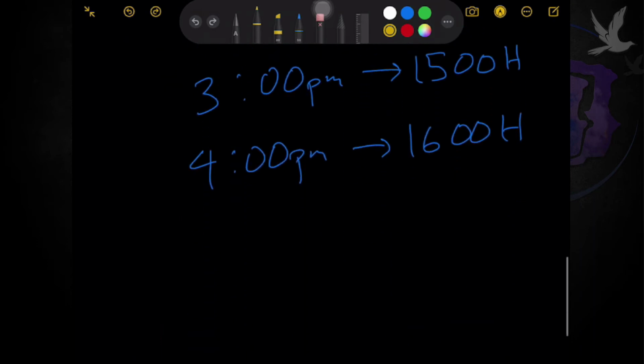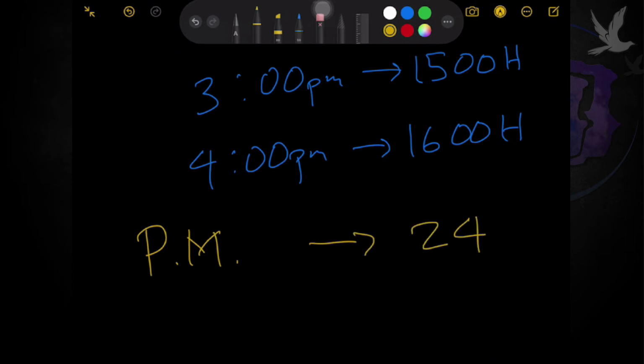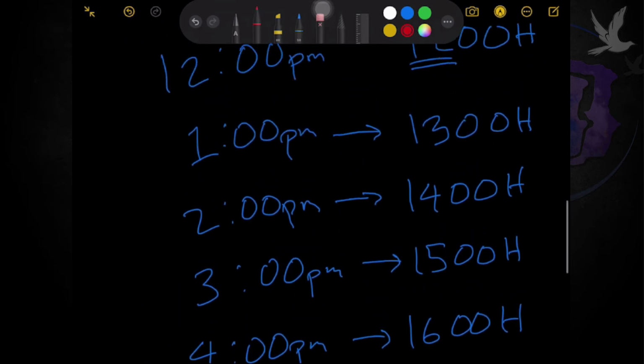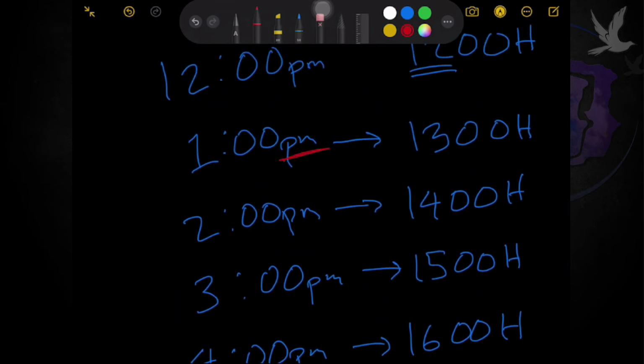This rule only applies to the PM part. To get the 24-hour clock time, we basically just add 12 hours. Okay, maybe you're asking, Teacher Mark, it doesn't make sense. Okay, look. Since this is PM, you take 1 plus 12, which is equivalent to 13.